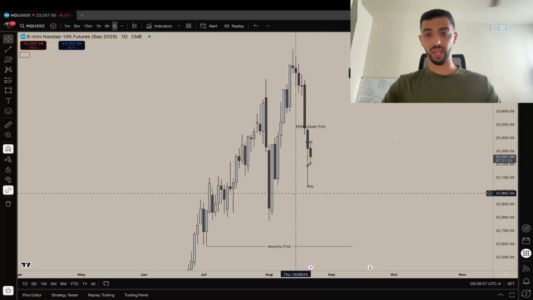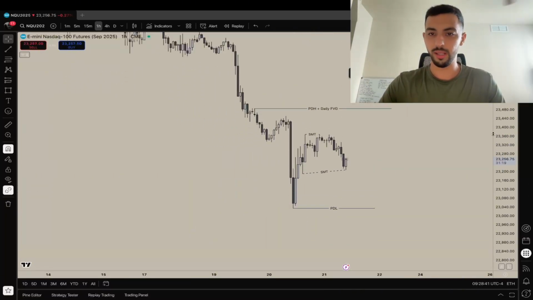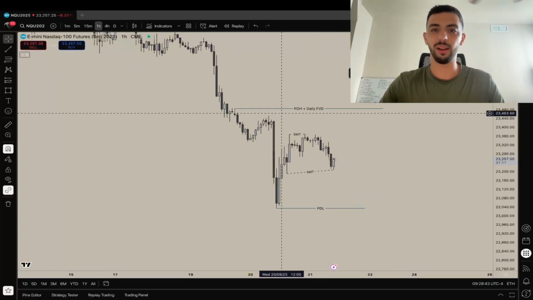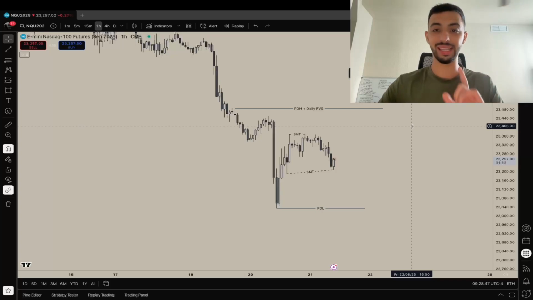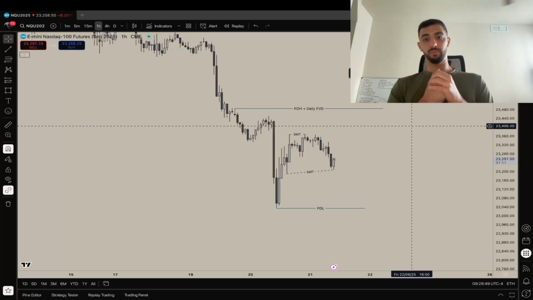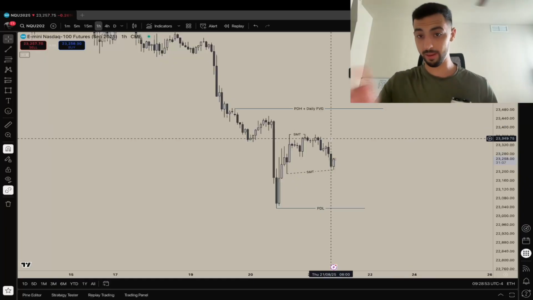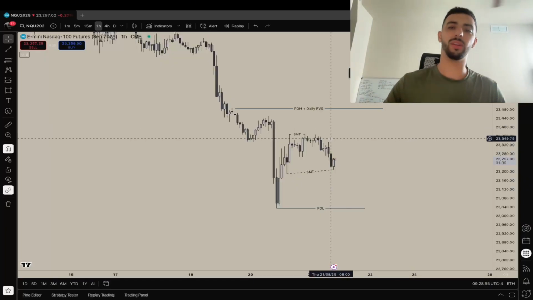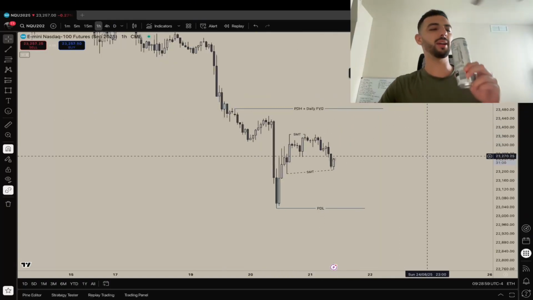We have previous daily low right below us. Over here, we have previous daily high plus a daily fair value gap. Honestly, that might be a strong draw for price. We might potentially go up here to sweep all this liquidity and tap the daily fair value gap.